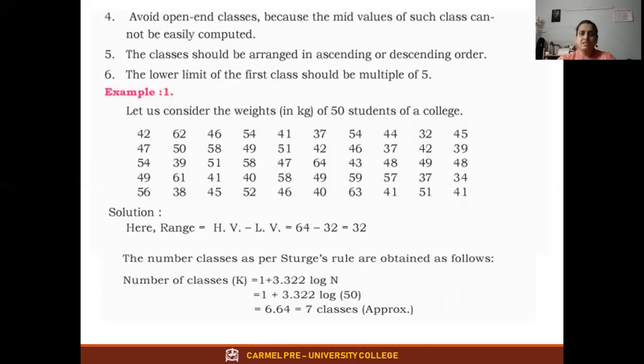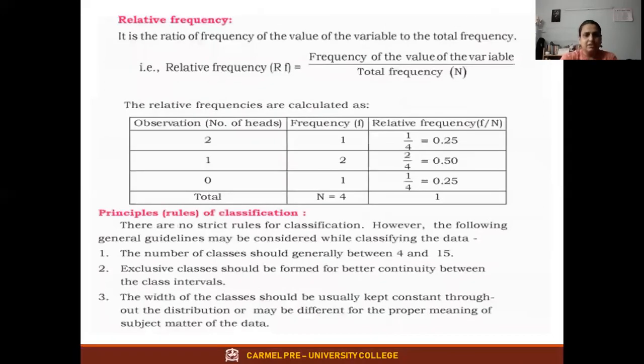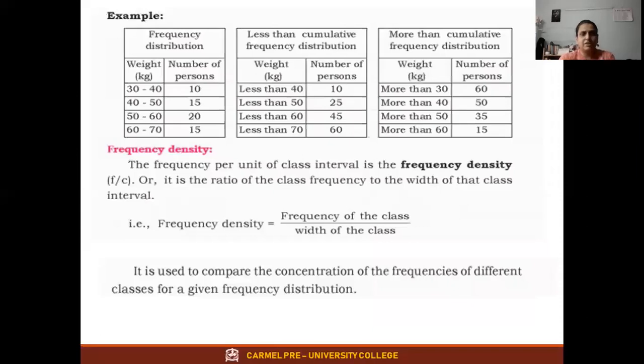And the first number when you write, 30 to 40, these lower class limits, should be multiples of 5. You should not normally start from 3 to 7, or 4 to 5, or 13 to 14, or 13 to 18. Avoid that type of class intervals. It's better to start from 5, 10, 15, or 10, 20, 30.